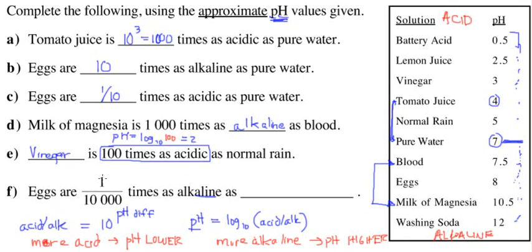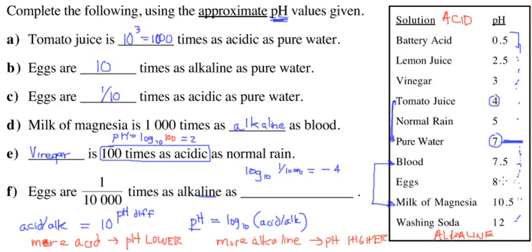And now the same thing going the other way. If eggs are 1/10,000th as alkaline, what difference is that? Log base 10 of 1/10,000th is minus 4. Pause and check it on your calculator if you don't believe me. So eggs are 1/10,000th as alkaline as what?